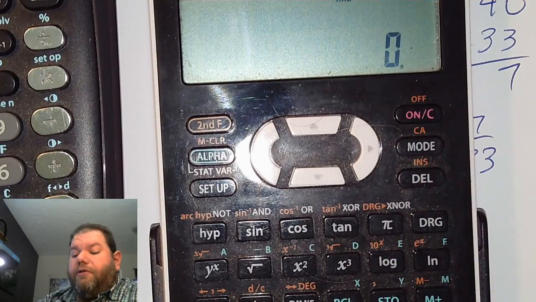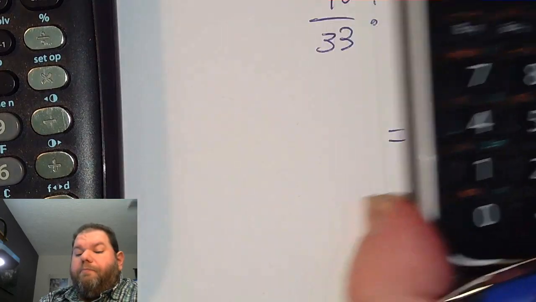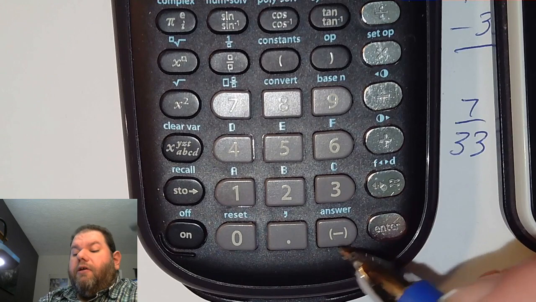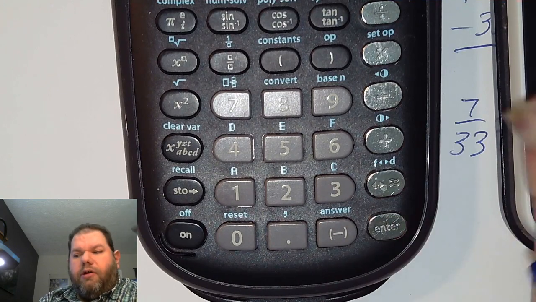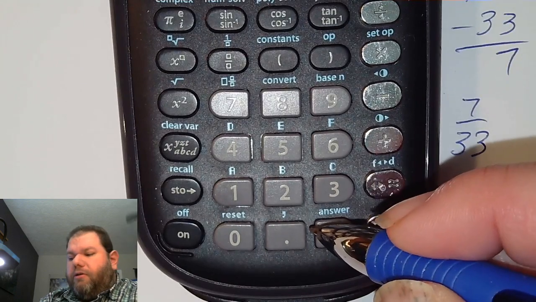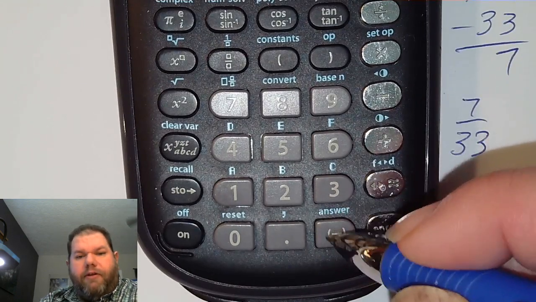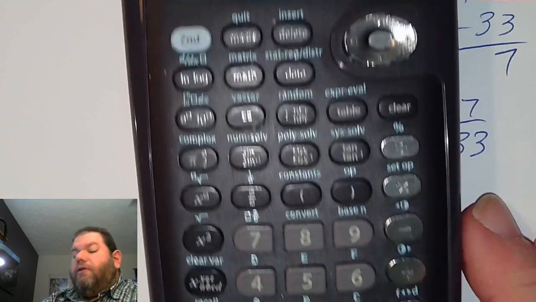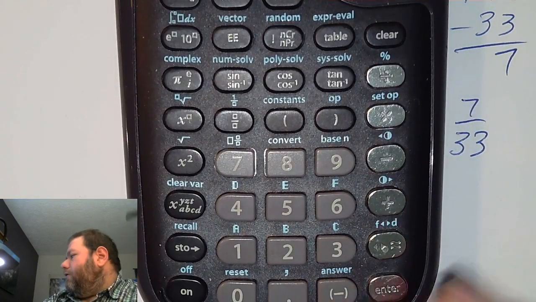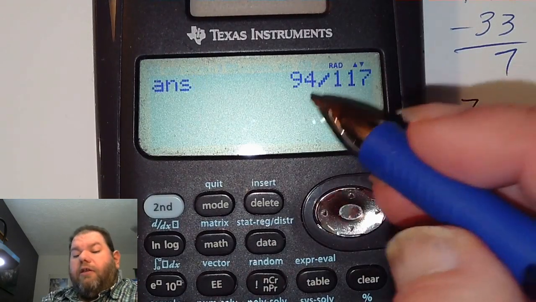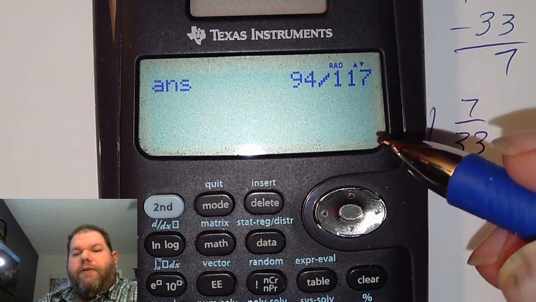On this one, because we only have one row above the buttons, we just have to press second and then answer and press enter, and that'll give us the most recently calculated answer.